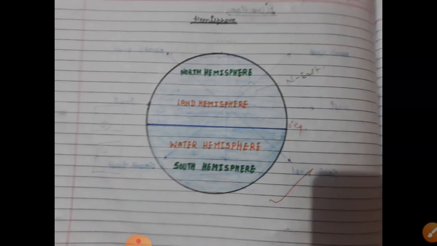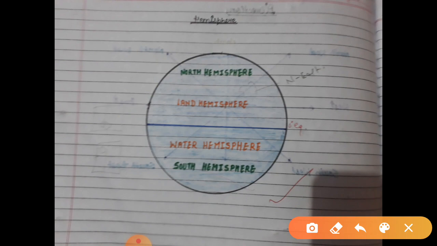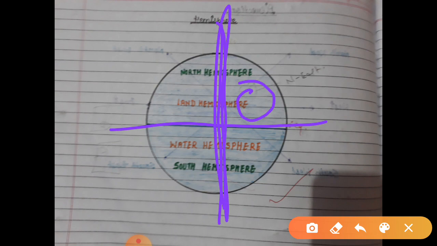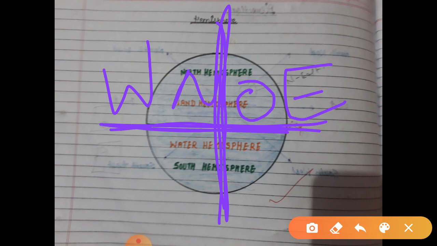See, this is the earth divided between latitudes and longitudes. Okay, the position of India is here. This line is dividing the earth into the western hemisphere and the eastern hemisphere. This line is dividing it into the northern hemisphere and the southern hemisphere.